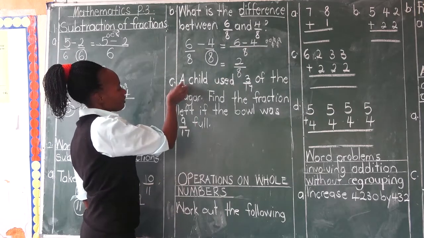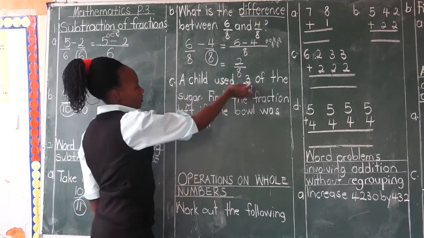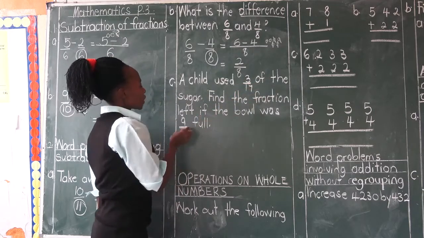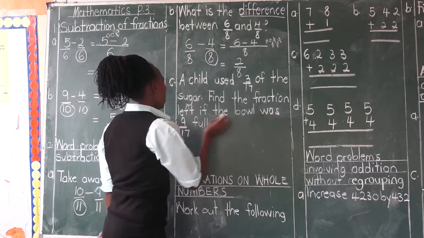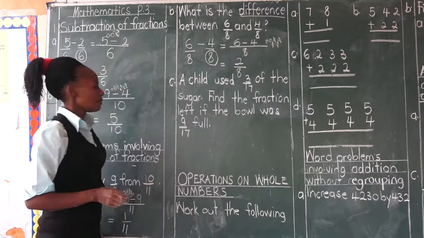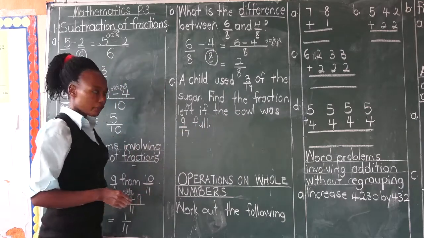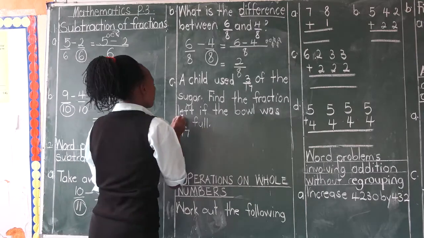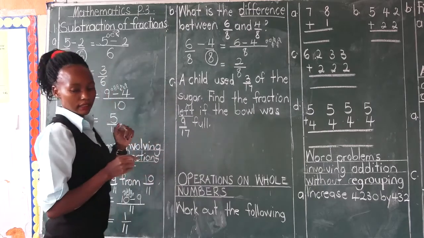Okay, then here we have: a child used 3 out of 17 of the sugar. Find the fraction left if the bowl was 9 out of 17 full. Still, we first look for the keyword, and it will be left or remaining.